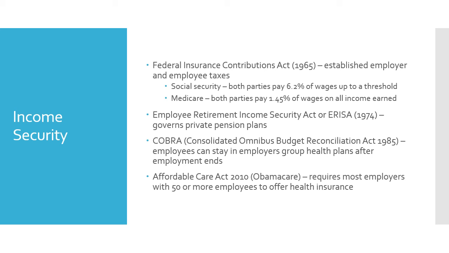So for that reason, group health care is significantly cheaper than individual health care. And to kind of add insult to injury, when you leave a job, when your employment ends, then insurance gets substantially more expensive if you have to go on an individual basis. So to counteract that, COBRA allows you to stay in your group health plan with your employer after your employment has ended. All right, so that's what it does.